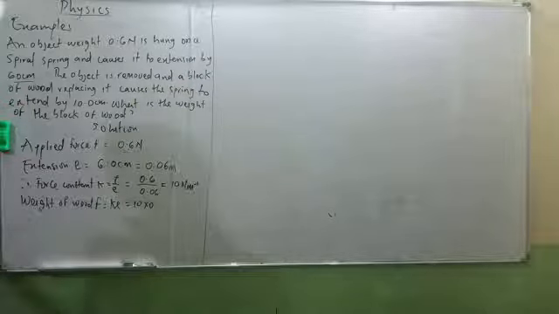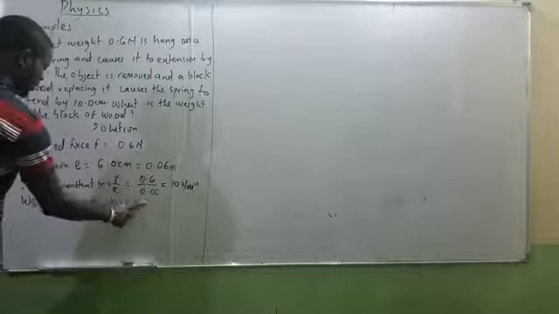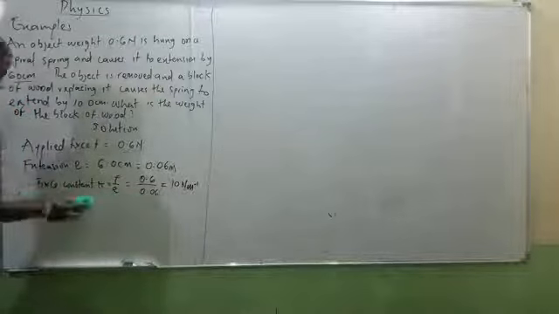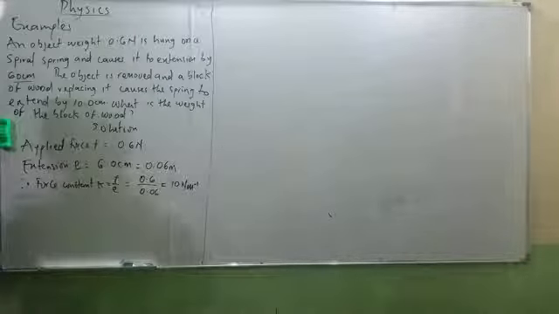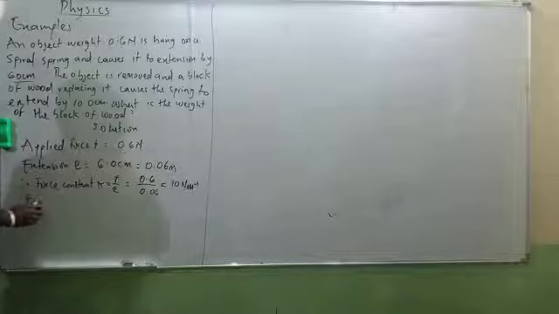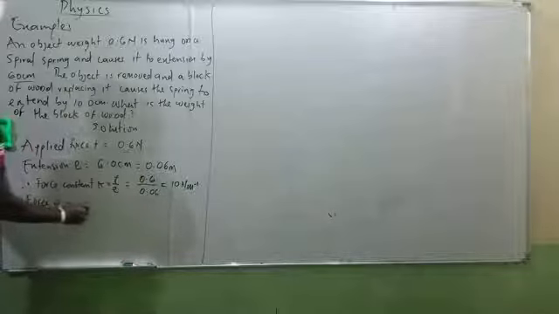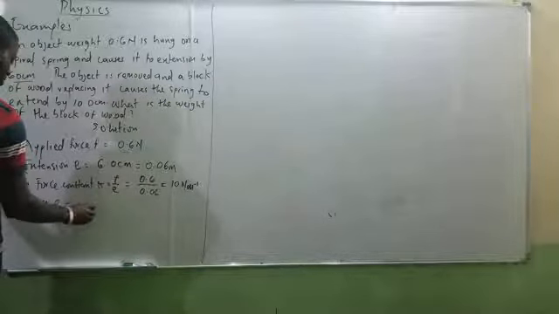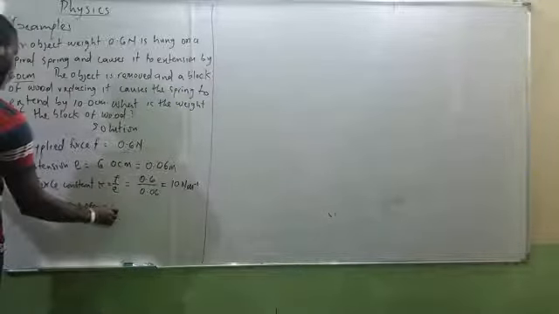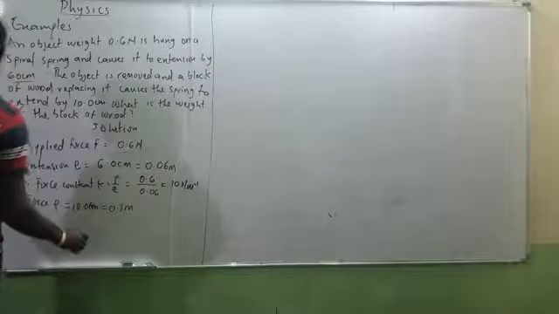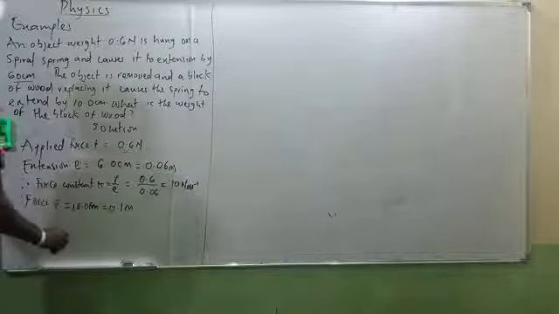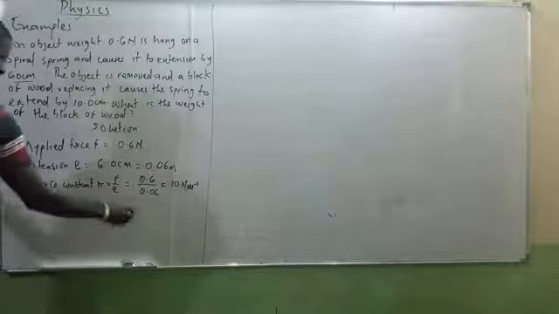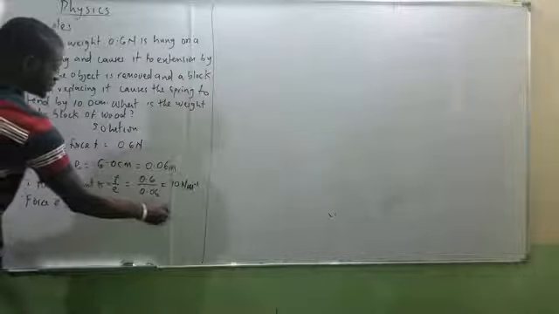Okay, before I do that, I must generate my E. Now I need to generate my force on E, which I will convert to meter, which is centimeter, which is going to be 0.1 meter. Which I will now say that my K will be equal to 10 Newton per meter.